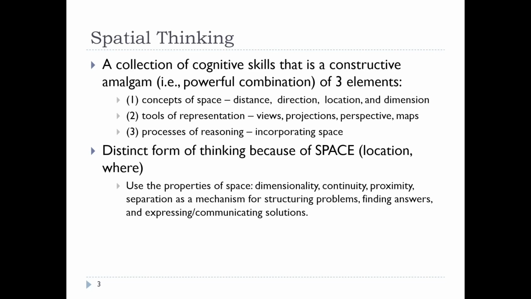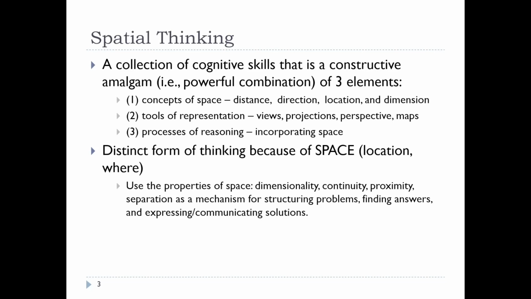So spatial thinking is a collection of cognitive skills that's a constructive grouping, or synergy, or amalgam combination of three things: concepts of space, which talk about distance, direction, location, dimension; tools of representation, so things like different views, different projections, different perspectives.